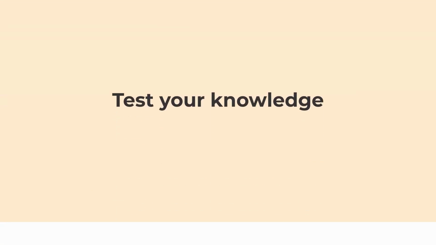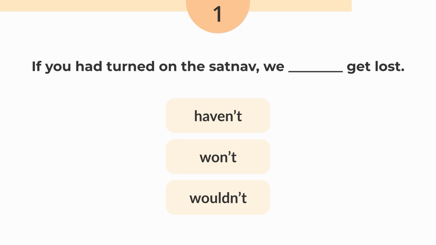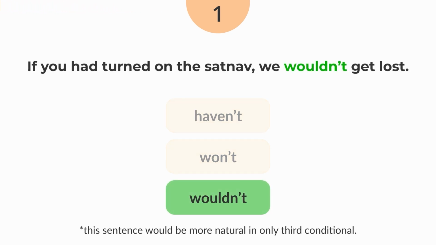Test your knowledge. If you had turned on the sat-nav, we wouldn't get lost.